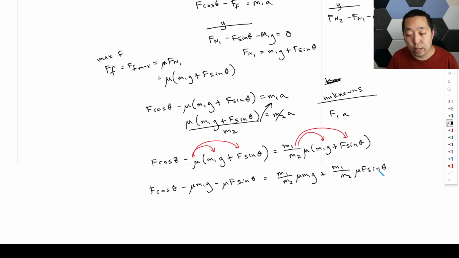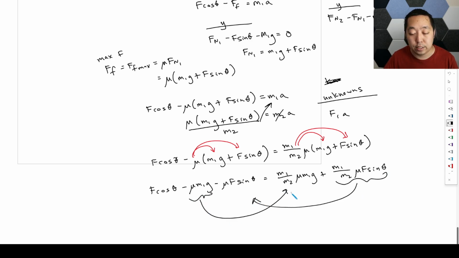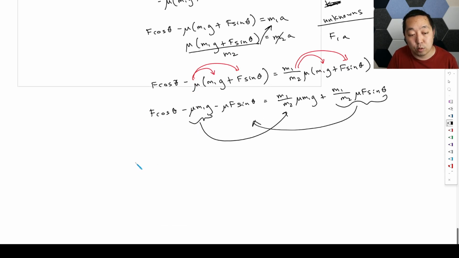We want to put all the F's together. So this guy over here needs to move to this side, and this guy over here needs to move to this side, right? So that the left side has only F's. Okay, minus mu F sine theta minus M1 over M2 mu F sine theta. That's equal to M1 over M2 mu M1g, and this guy moved over plus mu M1g.